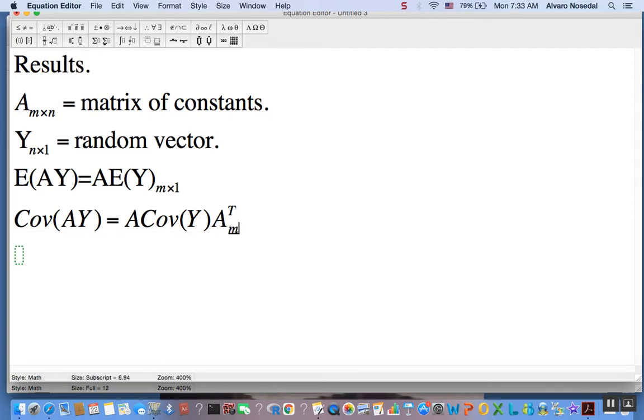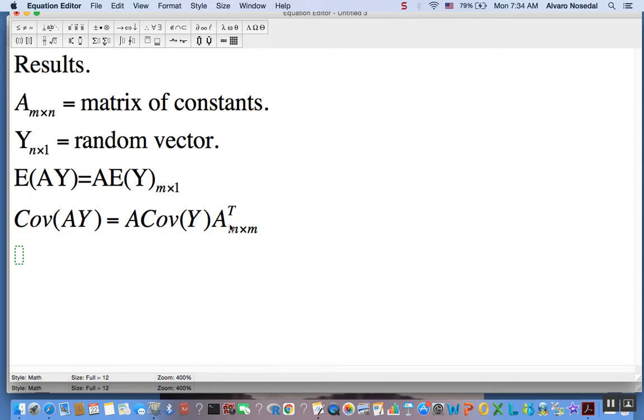What we have here is an m by m matrix, because A is going to be m by n, the covariance matrix of y is going to be n by n, and then A transpose is going to be n by m.